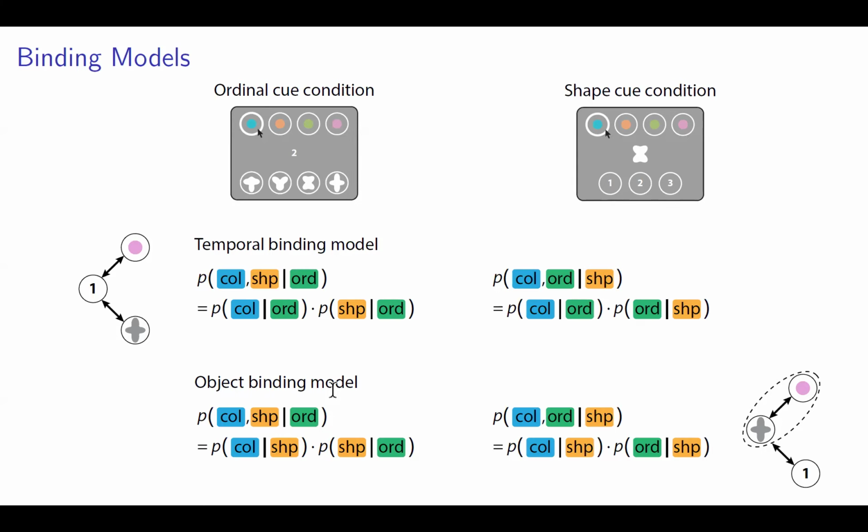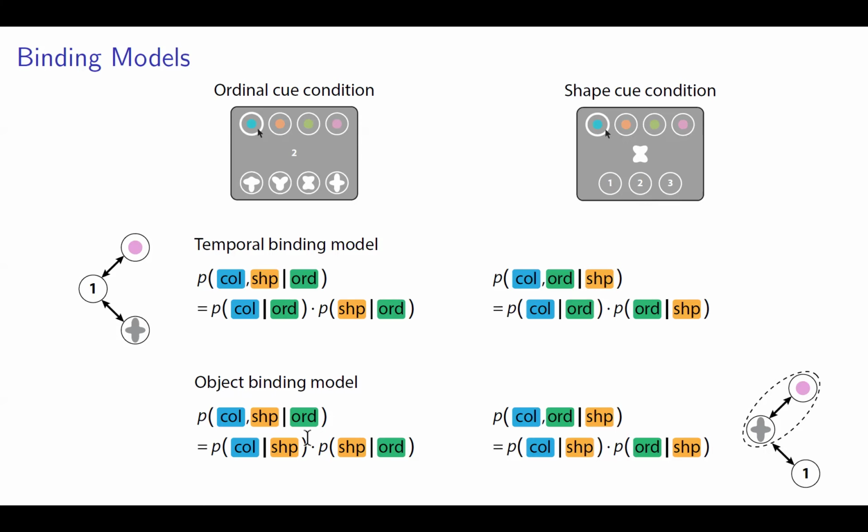But for that, you really would have to introduce another kind of thing that is the object, and it's not really clear how to do that. So yeah, we basically just inverted that temporal binding model, the logic of that, which is a bit more obvious in the shape cue condition, where getting the ordinal position wrong shouldn't affect your color response.